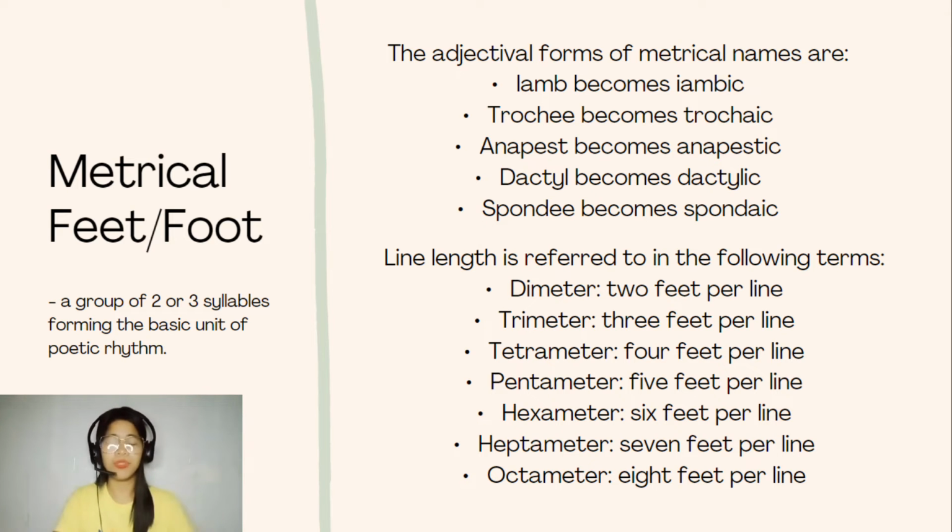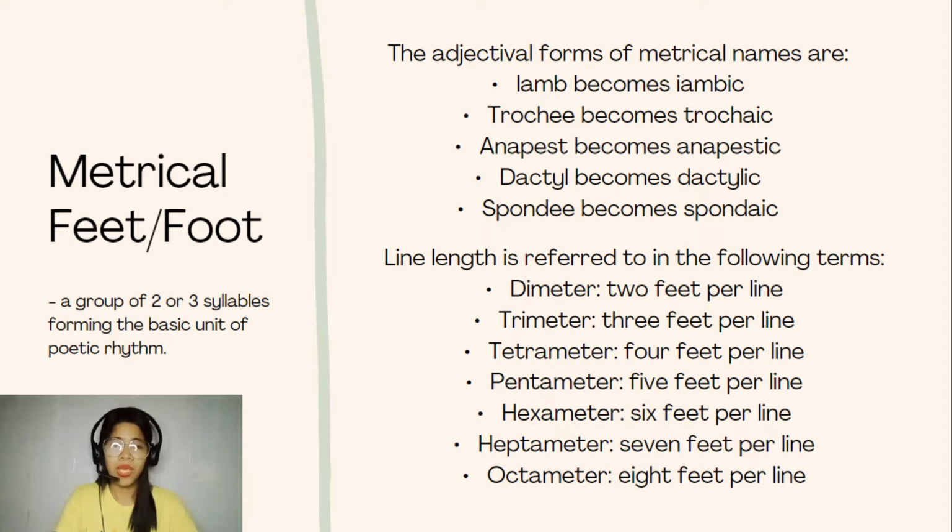So next are the terms. Line length is referred to in the following terms. If the line has 2 feet, it is called dimeter. If 3 feet per line, it is called trimeter.